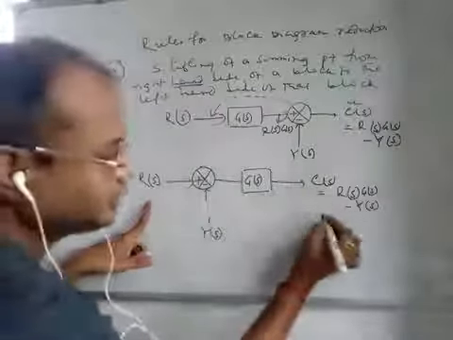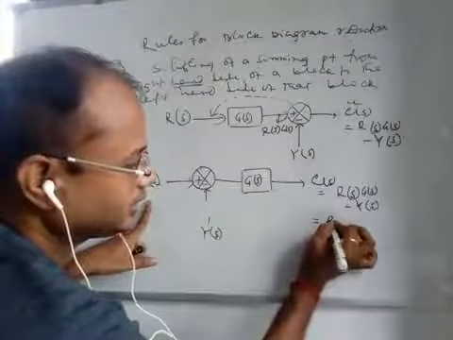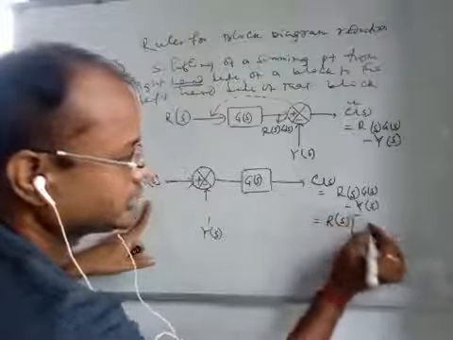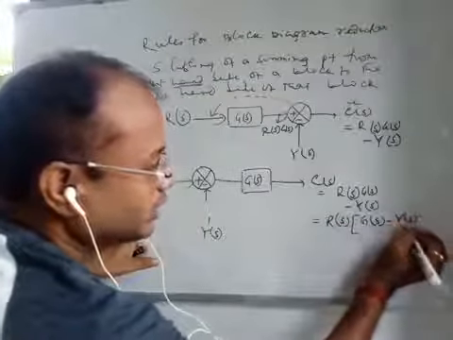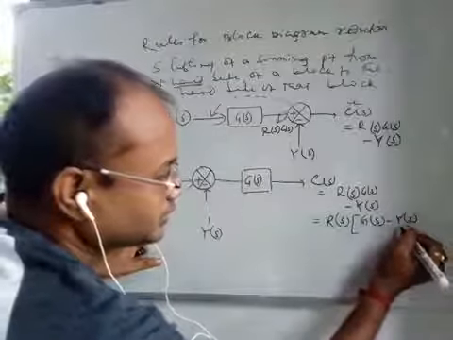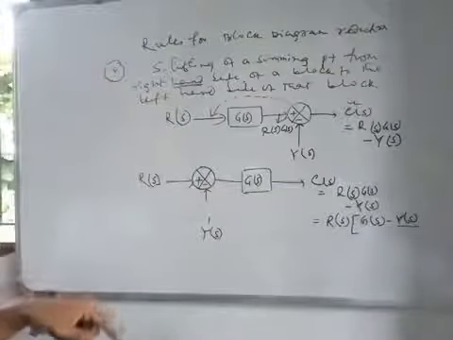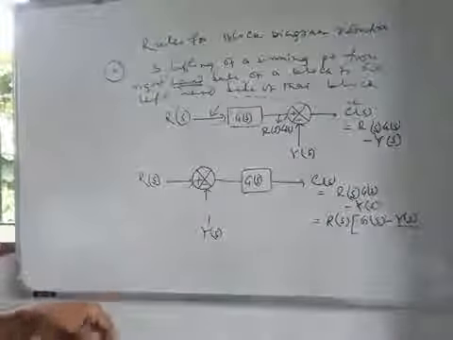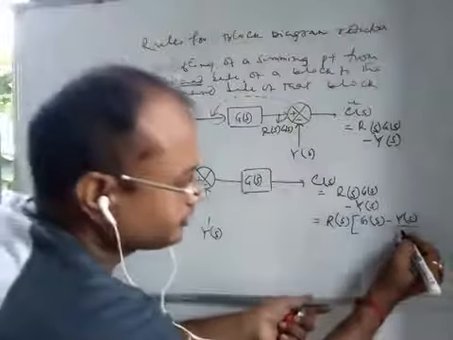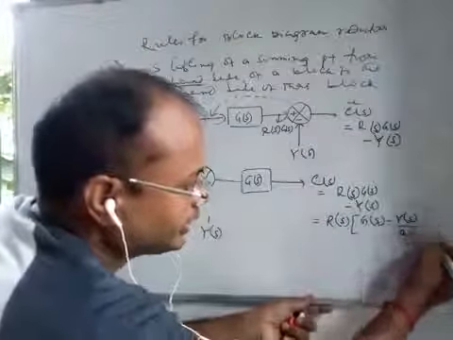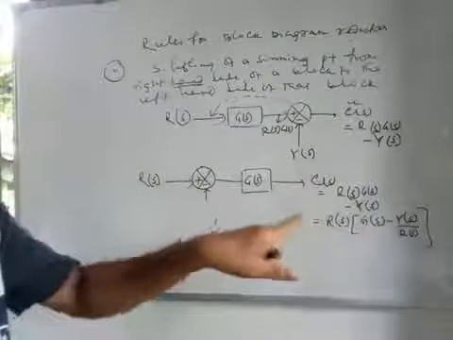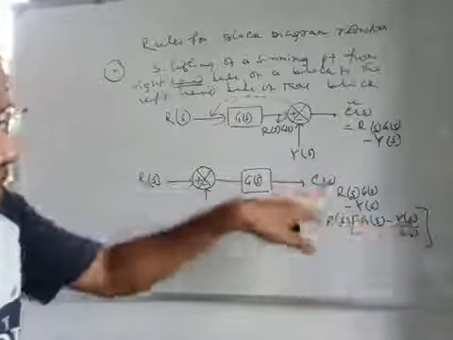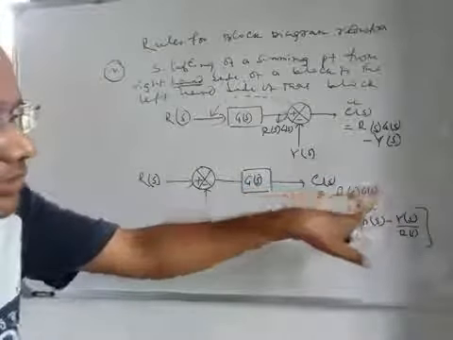If you manipulate this, you can take RS, but you will get GS minus YS by RS like structure. So the CS will be equal to RS into GS minus YS.